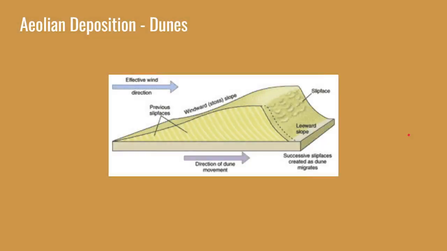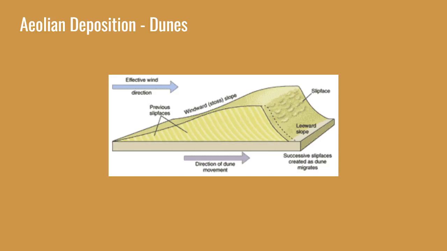So that's Aeolian erosion. And in terms of Aeolian deposition, we get dunes. And dunes occur in water flows as well, but when people think of dunes, they often think of Aeolian processes.